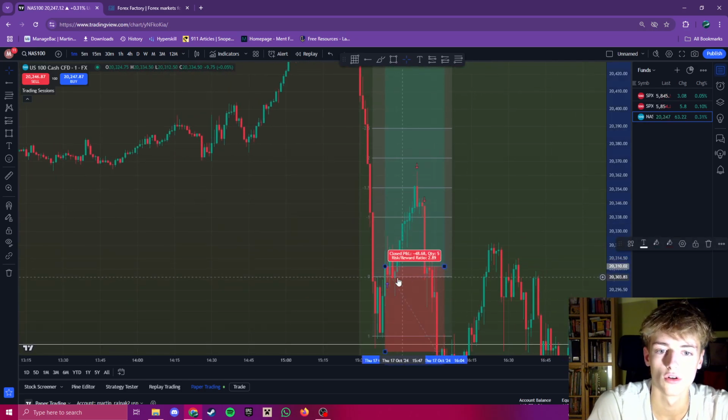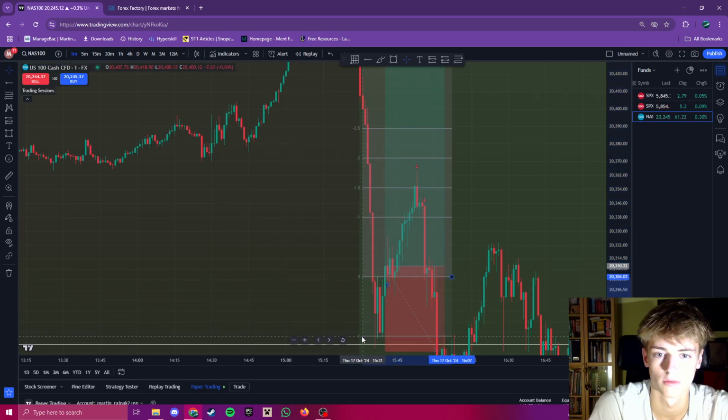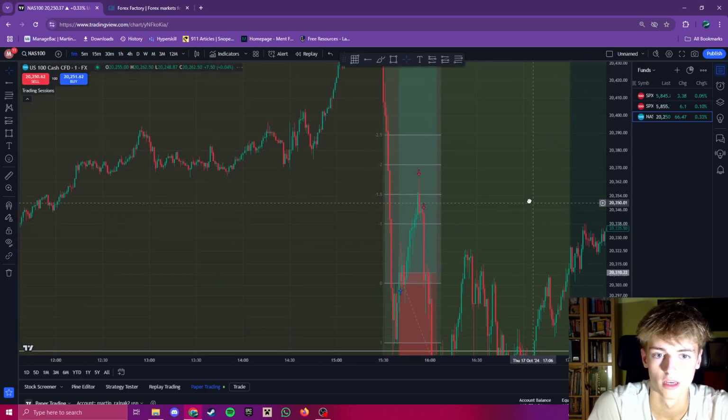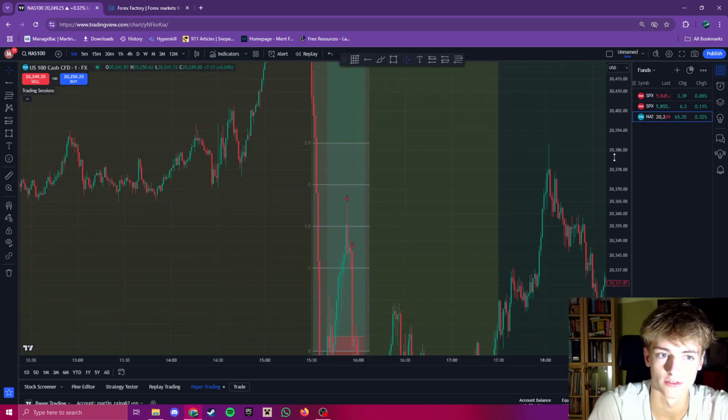And in this zone, there's too much stuff going on. In this zone of 1 to 1.5 is where you should take your profits, but it needs to align with other things.